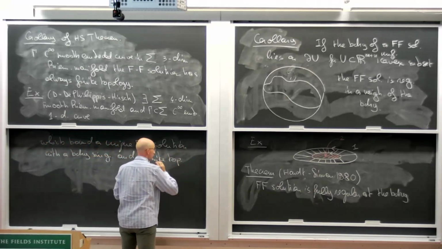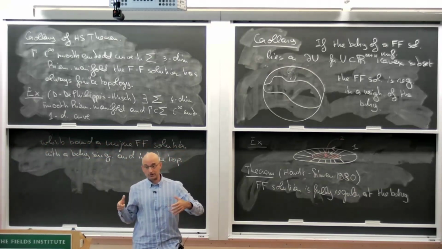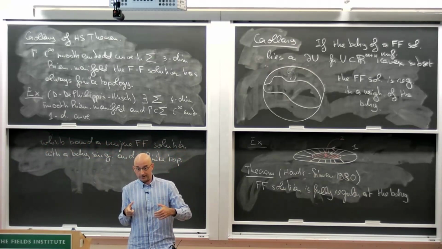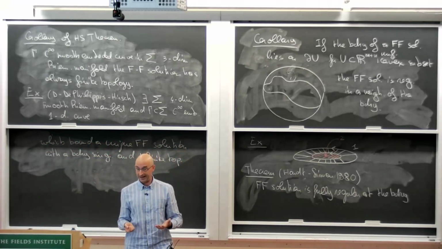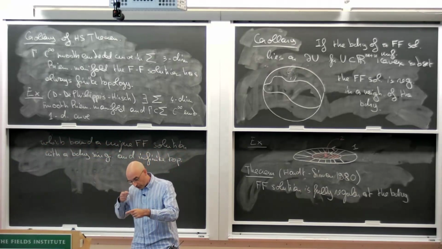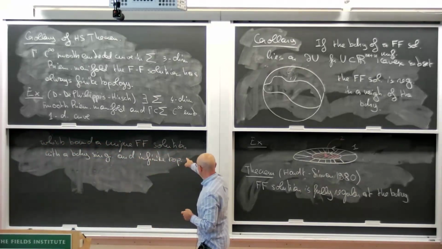So the solution is really infinite genus. It's an embedded surface. There's actually no singularities inside. As soon as you go a little bit away from the singularity, you just have finitely many handles. But if you converge towards this boundary singular point, you have infinitely many handles. And it's the unique Federer and Fleming solution.